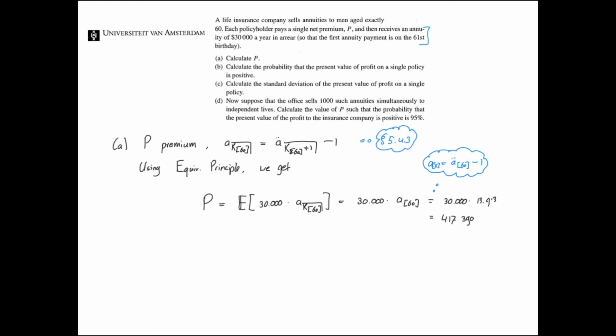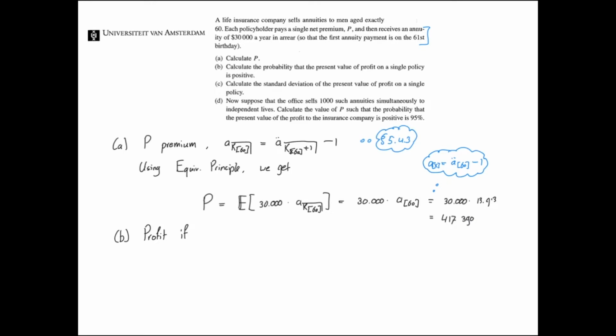For part B, we need to calculate the probability that the present value of profit on a single policy is positive. Let's think about what profit means in this setting. We have profit if the amount that we receive, we as the life insurance company, is larger than the benefit that we have to pay.